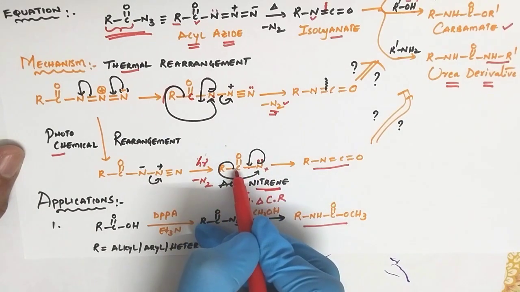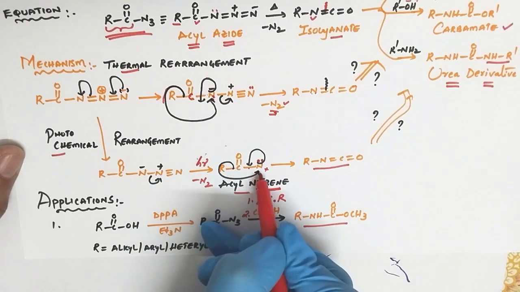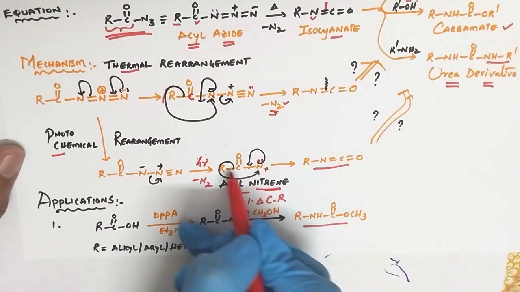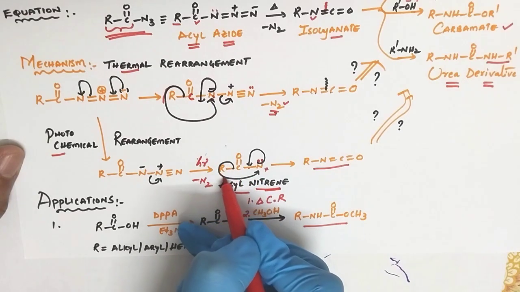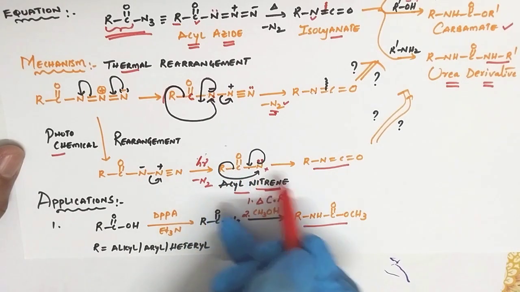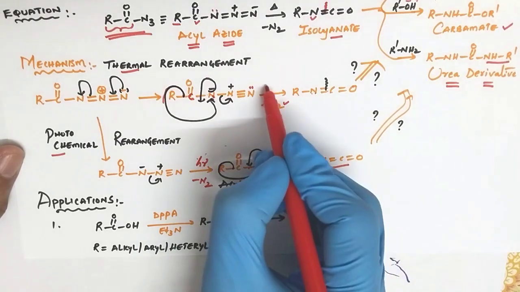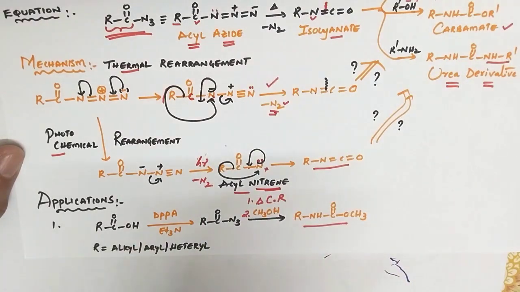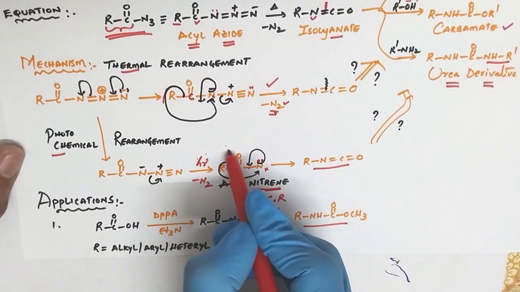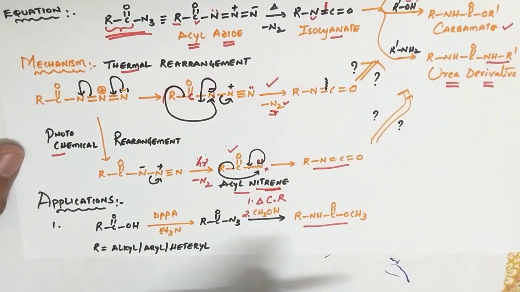Okay, here the valency is increasing. That's why to satisfy this positive charge, the R is removed in the form of R minus and producing the R-N bond, C double bond O. Here there is no formation of any intermediate, but here acyl nitrene intermediate is formed.